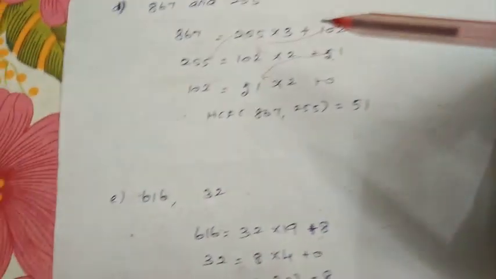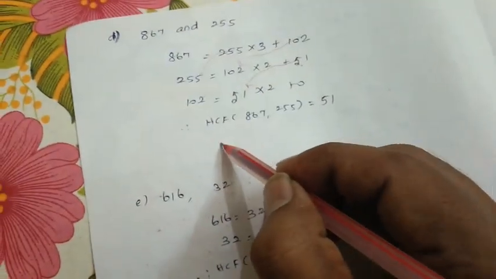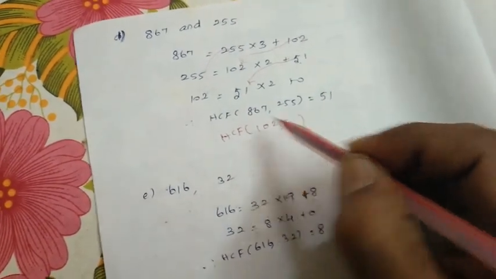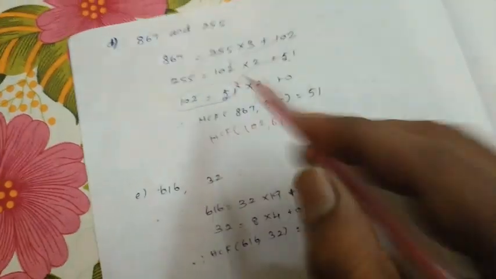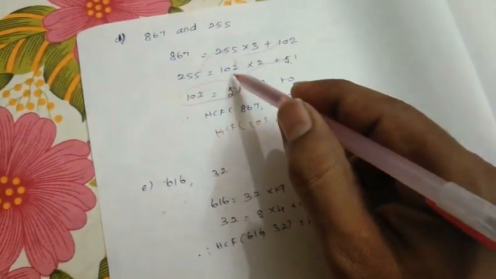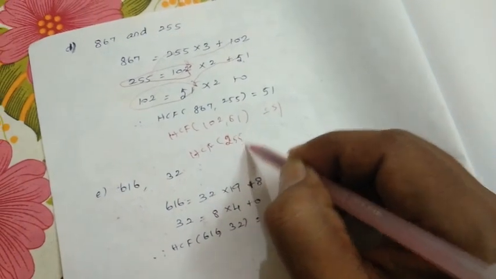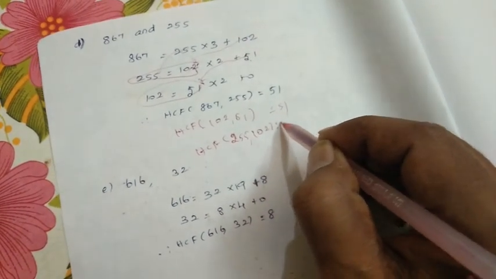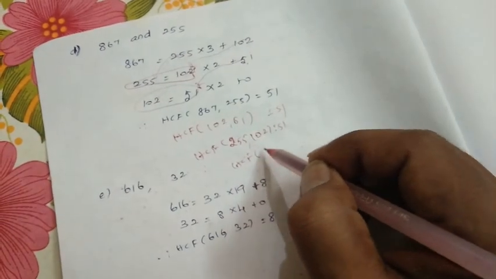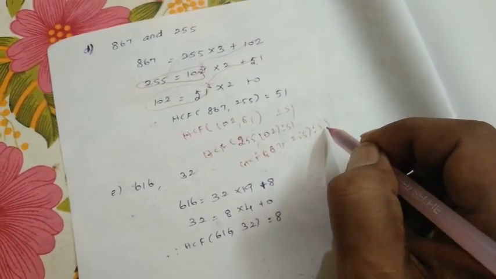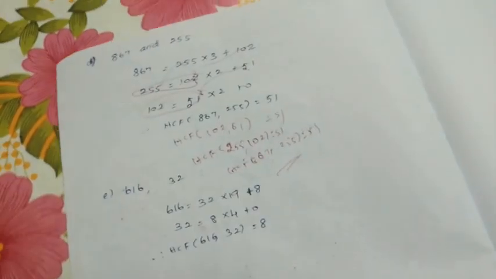So we need to recall that the HCF of 102 comma 51 is also 51, the HCF of 255 comma 102 is also 51, and the HCF of 867 comma 255 is also 51. This is the meaning, so you can get it.